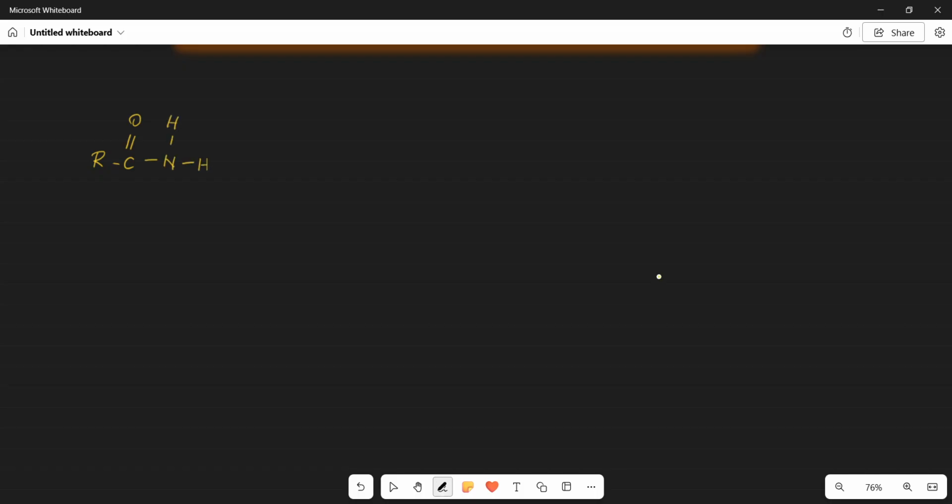Like in the previous video, I'm going to have a different color for the amino group. So I used the blue color in the previous video, so I'm using the same color code. So this is the amine group in the amide.